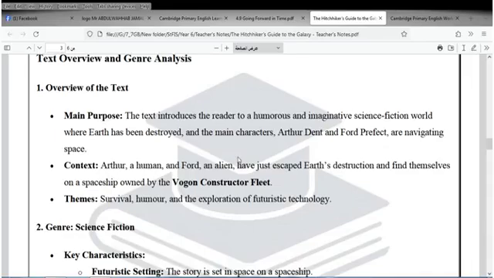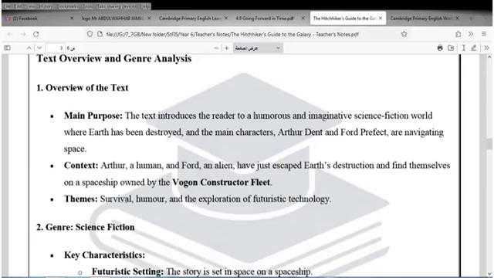Through a spaceship. Arthur, a human, and Ford, an alien, have just escaped Earth's destruction and find themselves on a spaceship owned by the Vogon constructor fleet, run by Vogons and served by Dentrassis.